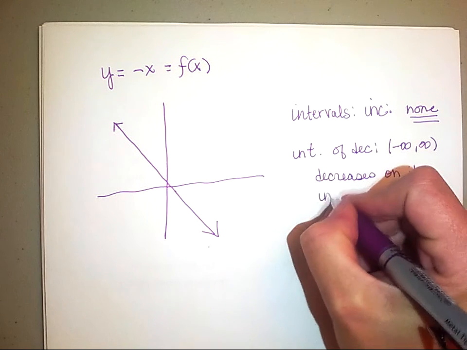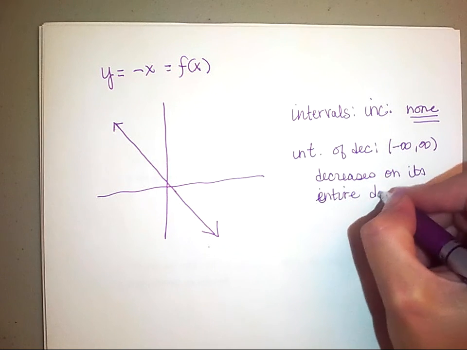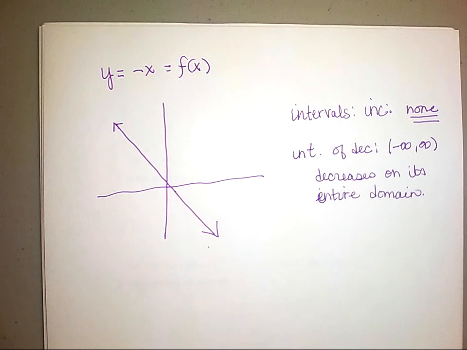And another thing is, if we were looking for the intervals of decreasing, well, it decreases for all real numbers because that's the domain. So sometimes we'll say that this decreases on its entire domain.